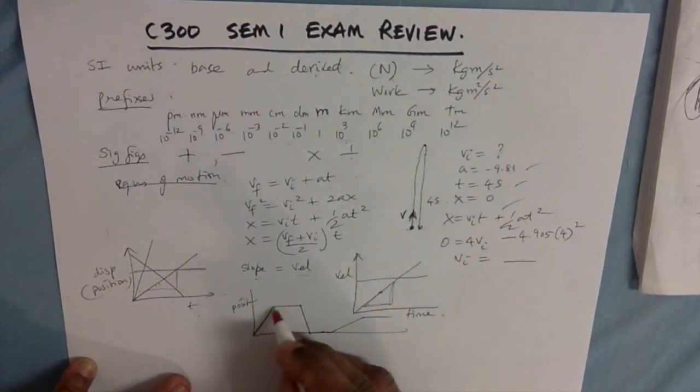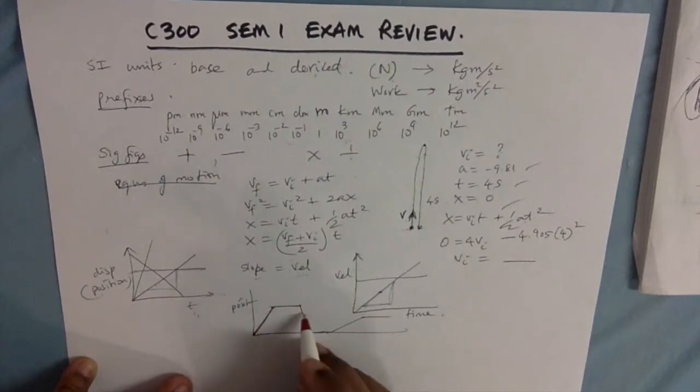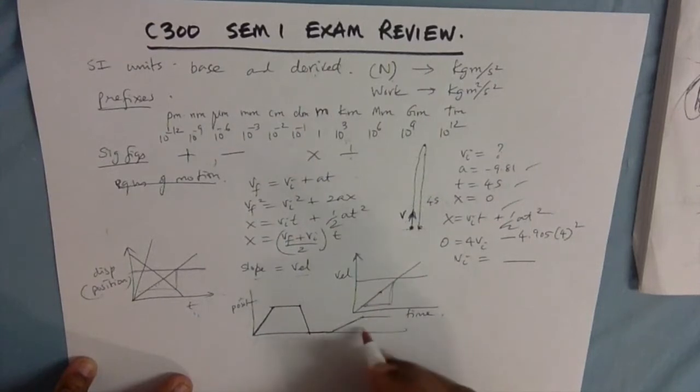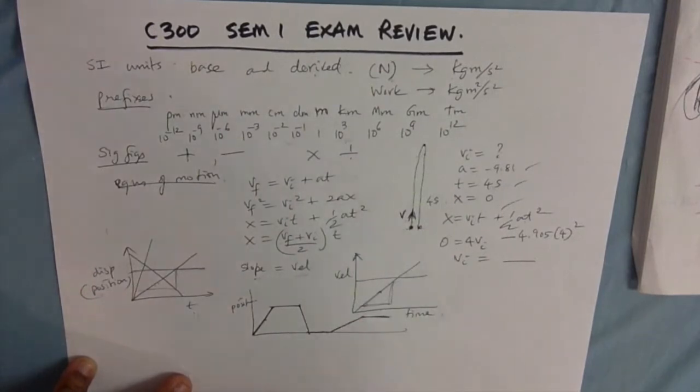What is happening here is constant velocity. So the slope of this line will get you the constant velocity, and this is not moving. This is negative velocity, and this is not moving, and that is positive velocity, but not as big as this. It's lesser because the slope is less. This is zero velocity again.